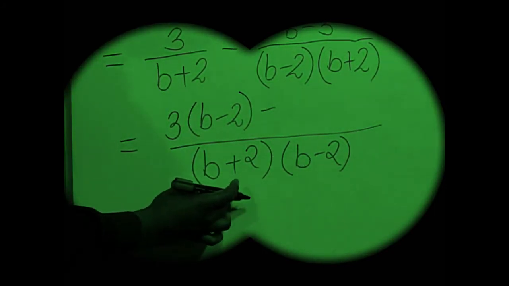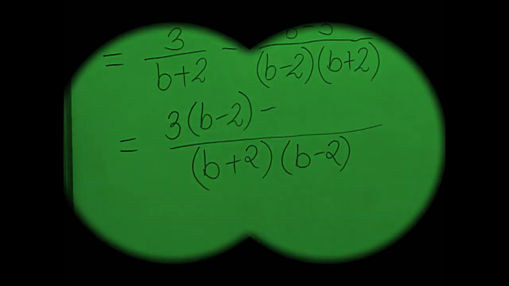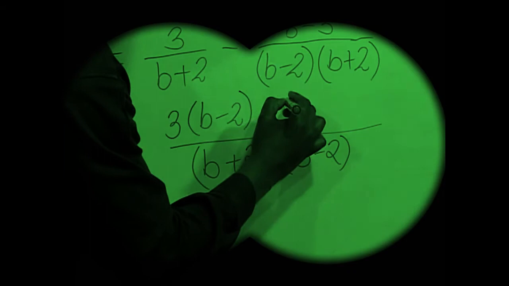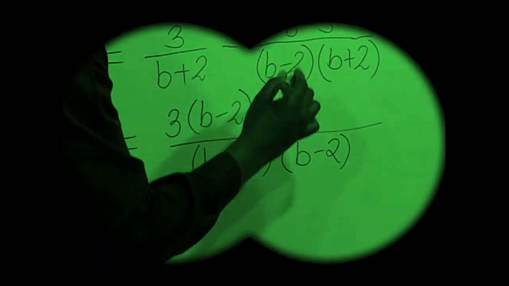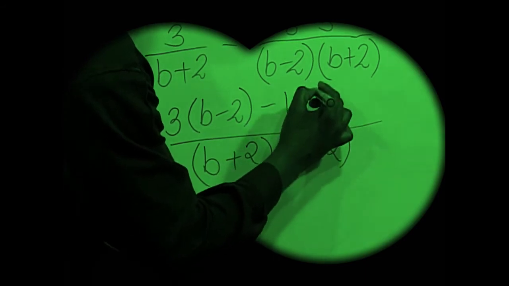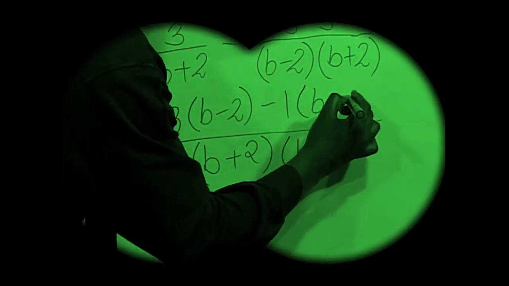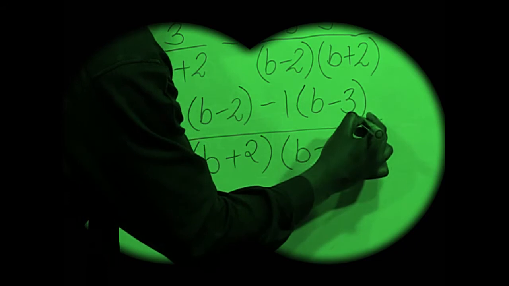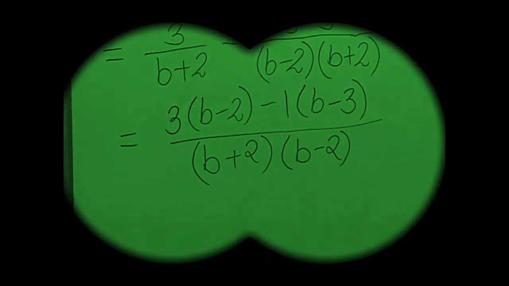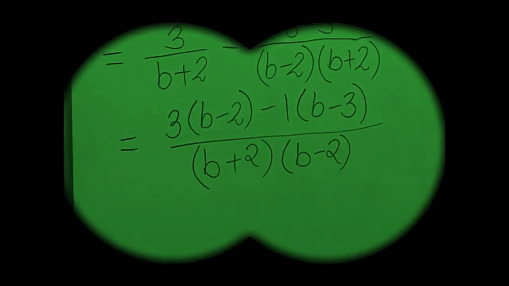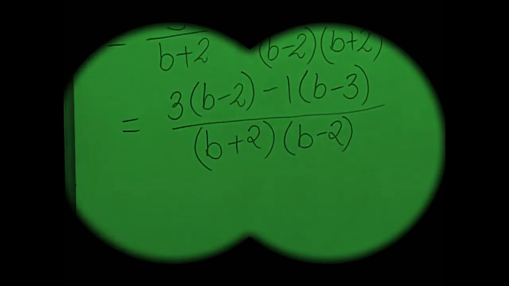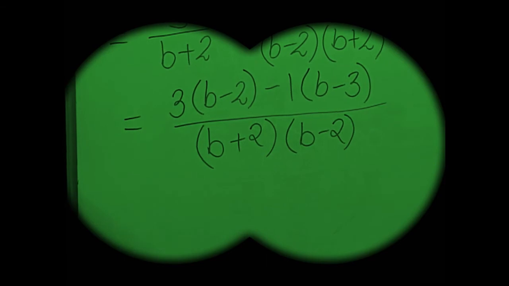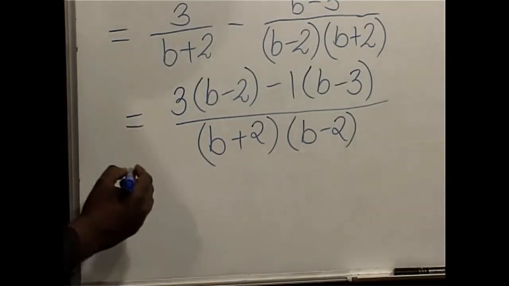When it is divided into this lowest common denominator, the result is going to be 1. And this 1 must be multiplied by the numerator, which is b minus 3. Like what we did in the previous example, we now have to expand the numerator and simplify. So we proceed.